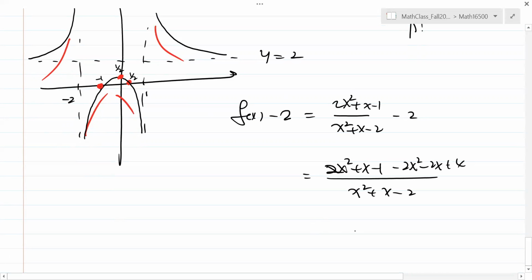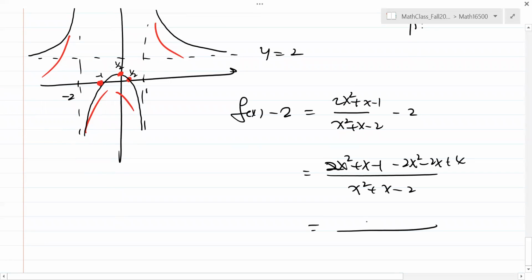I find out 3 minus x. Okay, now the question is whether this is positive or negative, right?